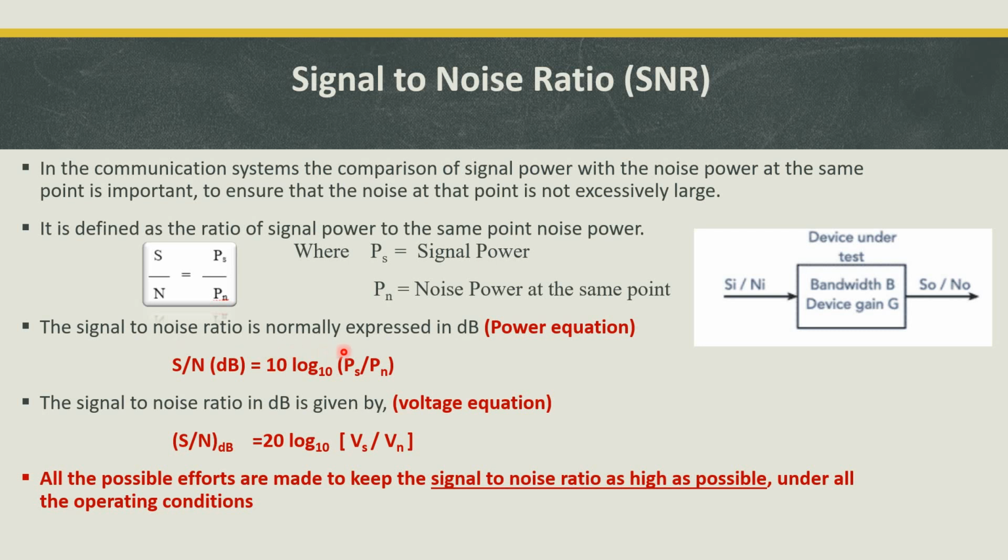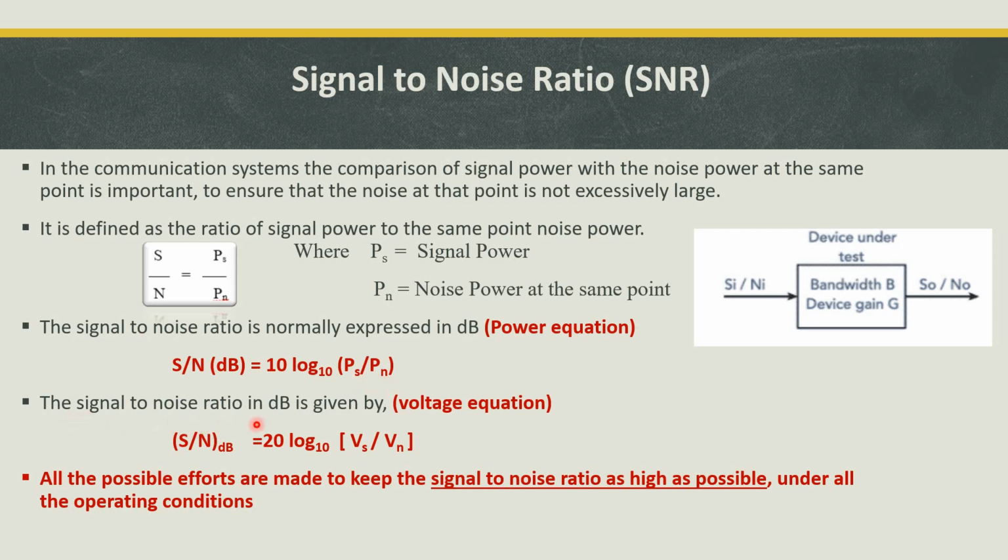Signal to noise ratio is normally expressed in dB. There are two equations available, one is the power equation and another is the voltage equation. In the power equation, the signal to noise ratio in dB is 10 log base 10 of Ps, signal power, divided by Pn, noise power.